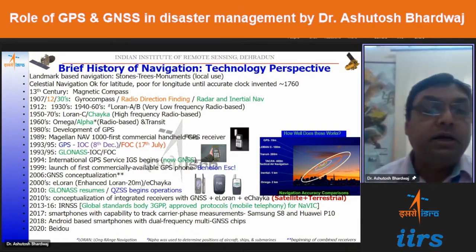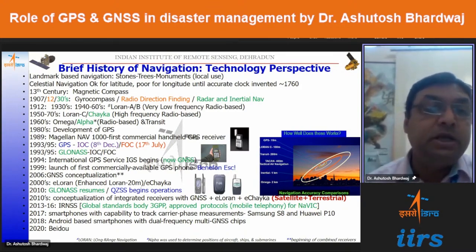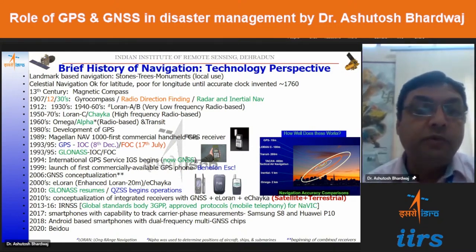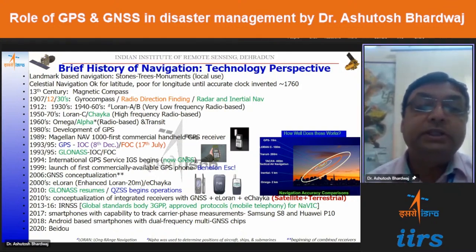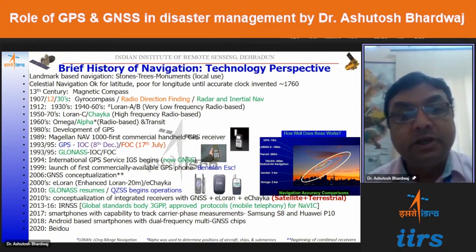Similar solutions were developed by the Russian agencies also, like Chaika. This was also a high frequency radio based system, which helped primarily the shipping industry and ground movement. Commercial shipping agencies have benefited largely besides the defense agencies.